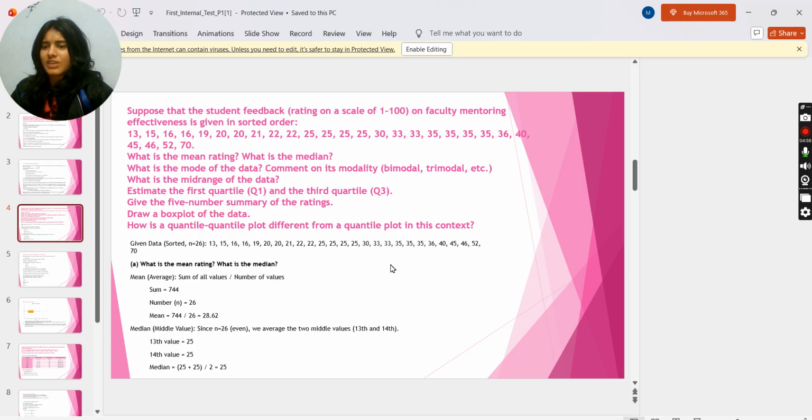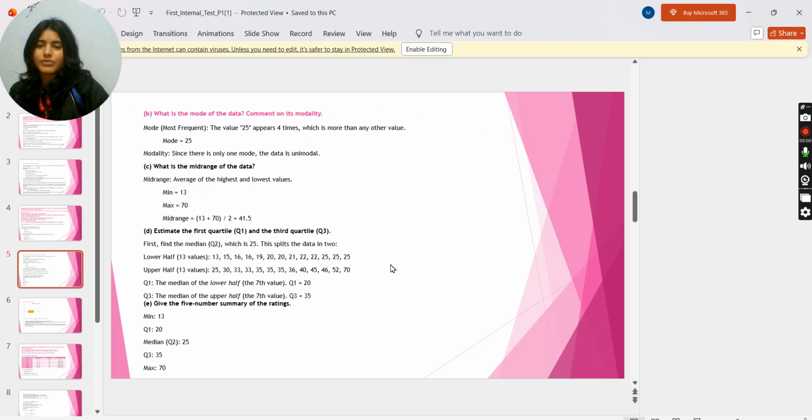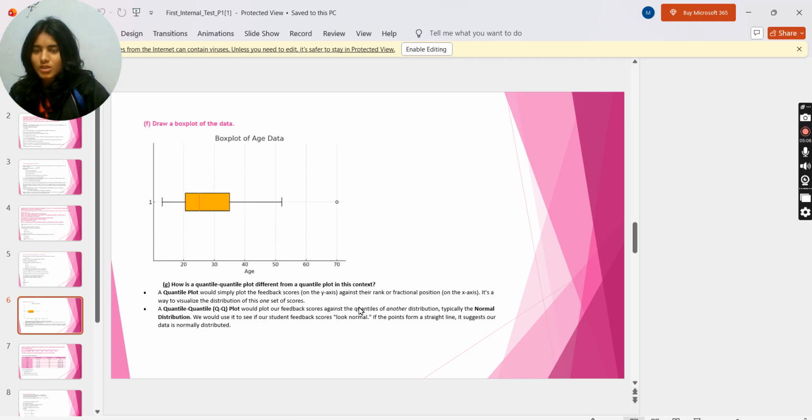So we have some given data with n equal to 26. We have to find its mean and range by putting it into a formula. So we will draw a box plot of the data. How is the quantile plot different from a quantile-quantile plot in this context? A quantile plot would simply plot the feedback scores on the y-axis against their rank or fractional position on the x-axis.